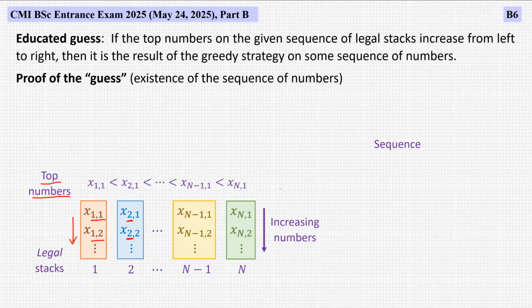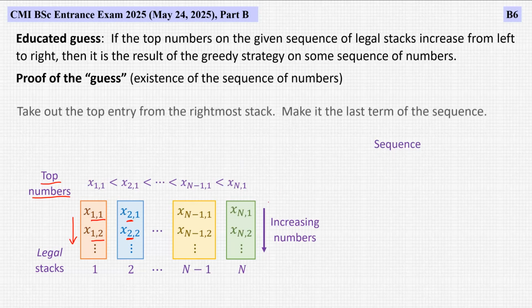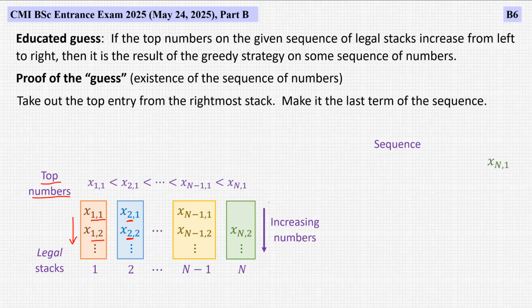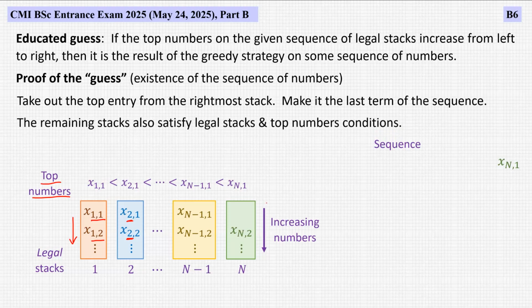Then we construct the sequence as follows. Take out the top entry from the rightmost legal stack and make it the last term of the sequence. Then the remaining stacks also satisfy the legal stacks condition and the top number condition. The numbers still increase from top to bottom, and since xn,2 is greater than the removed element xn,1, the top numbers are still in increasing order. Now we repeat the process.